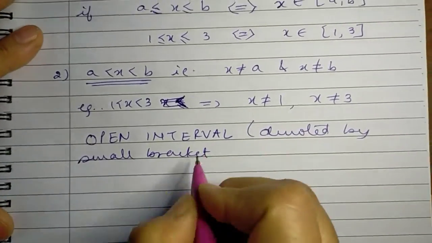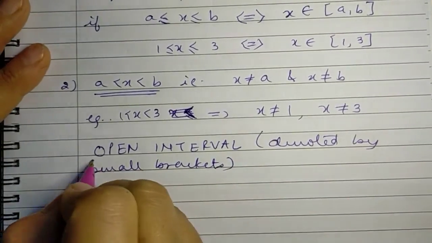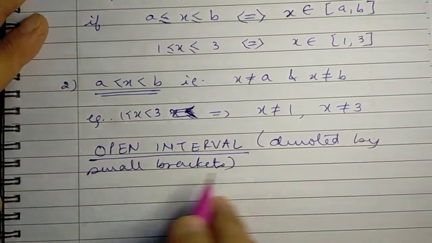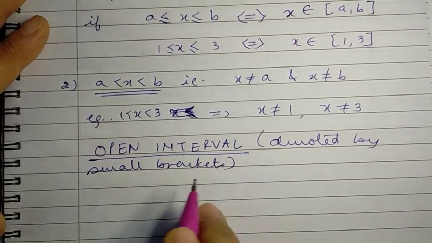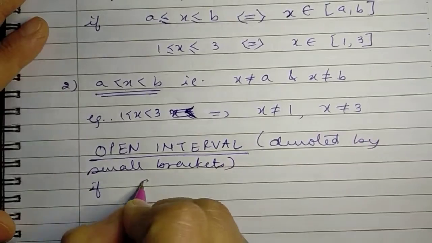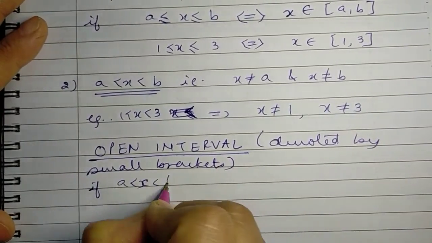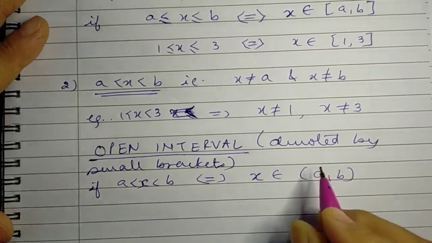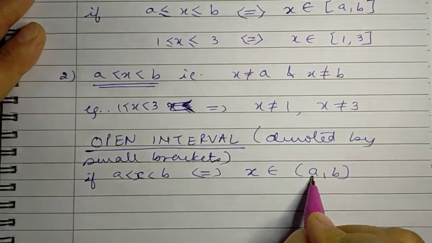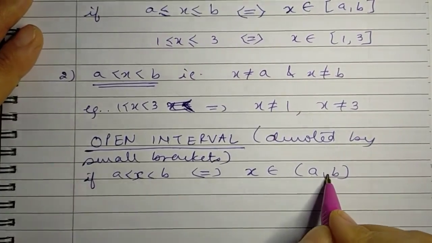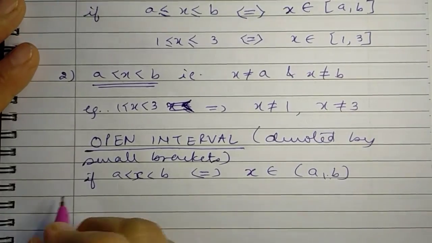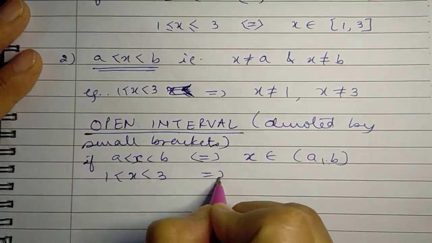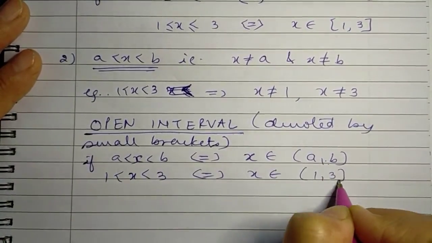So whenever we are using small brackets, we will always be referring to an open interval, that is, a strict inequality. That is, the endpoints are not being considered. If x lies between a and b, it implies and is implied by x belongs to the open interval ab. So here also we write the endpoints, separate them by a comma and enclose them within small brackets. In the same way, if x lies between 1 and 3, we write x belongs to 1 comma 3.